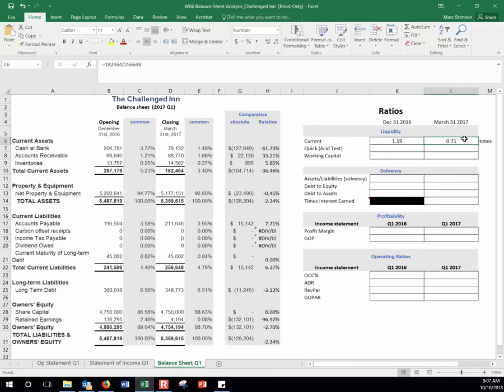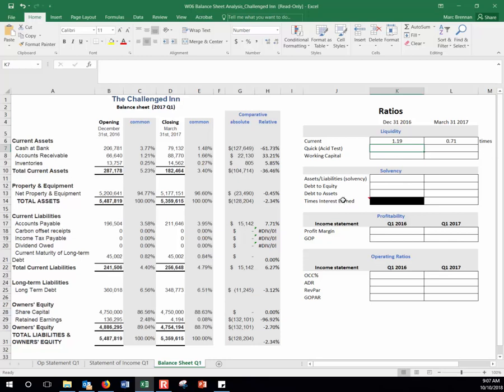So now anything that's below 1 means that if I had to turn all of my current assets into cash to cover my current liabilities in the next 12 months, I can't cover everything that I owe. In the previous quarter, I could. In this quarter, I am below 1, which means I can't even cover my immediate liabilities.